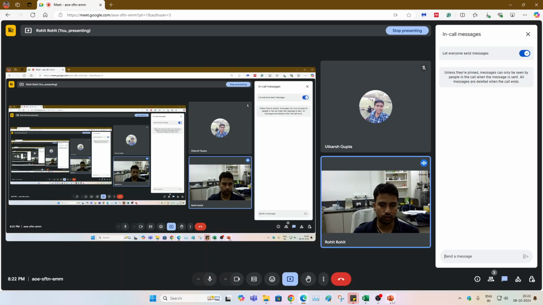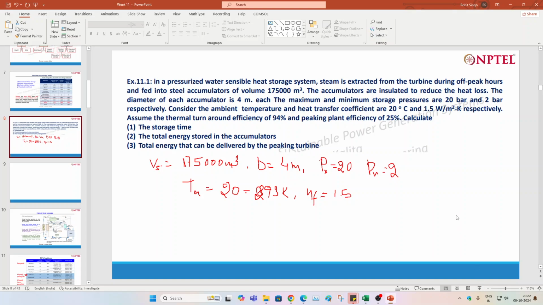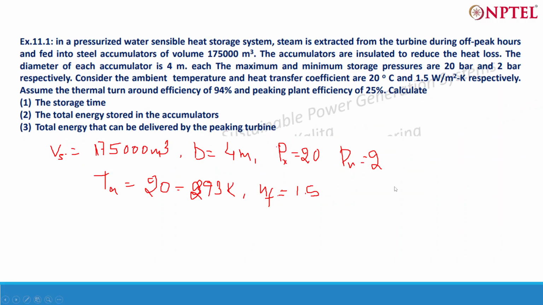You can write it in the chat box also, so that I can read in between.